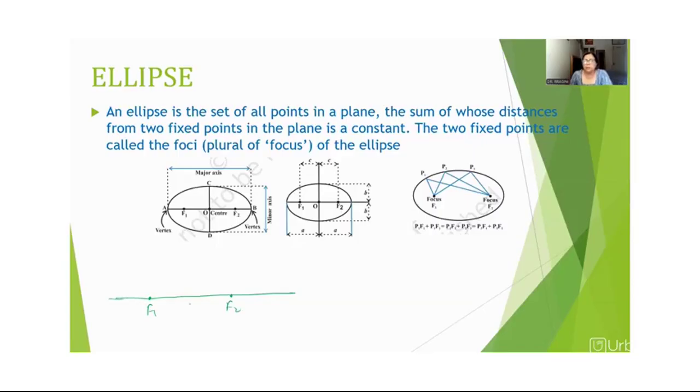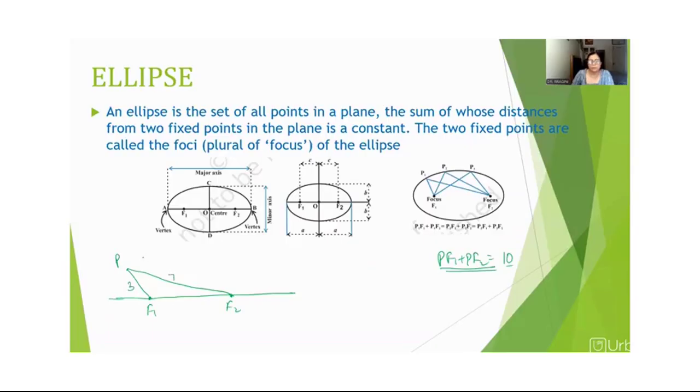Now it is a set of points in which the sum of whose distances is constant. Let's say we have a point here, let this be point P. This is PF1, this is PF2, right? The sum of distances is a constant, say 10, like PF1 plus PF2 is 10. Let's say we have 3 here and 7 here.